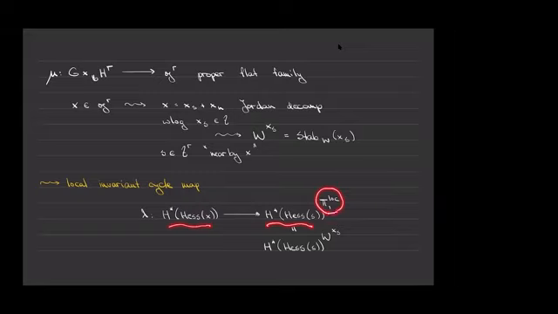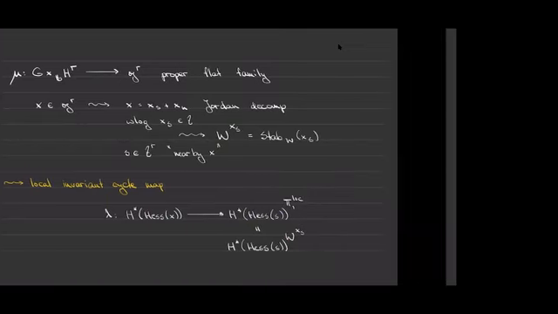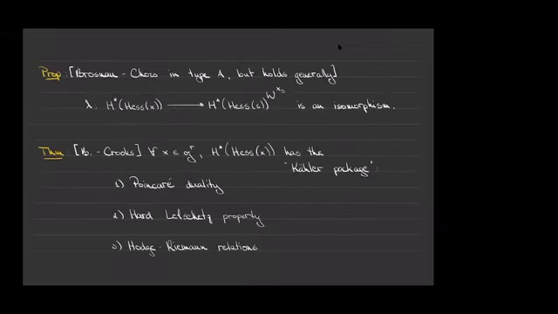And in fact, one can show that these invariants are actually, and the proposition, which was proved by Brosnan and Chow in type A, but which one can prove generally, is that this local invariant cycle map is actually an isomorphism.